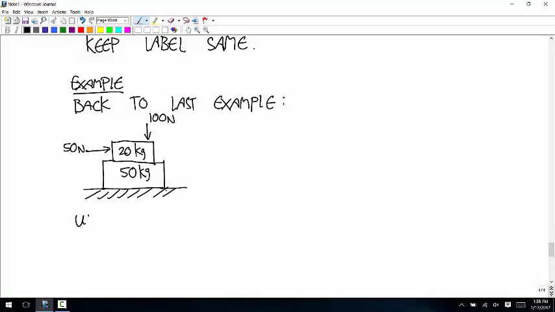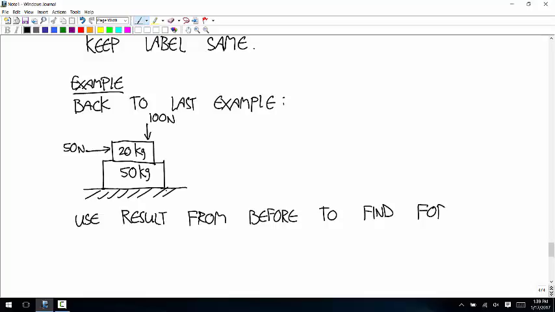And we want to use the result that we got previously to find the force applied to the 50 by the ground.